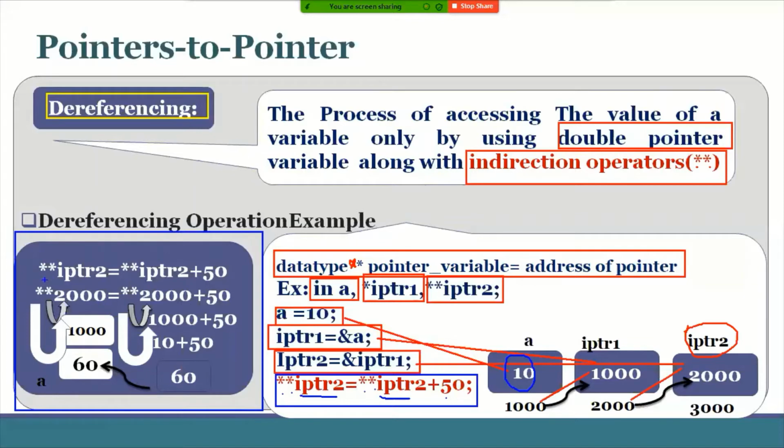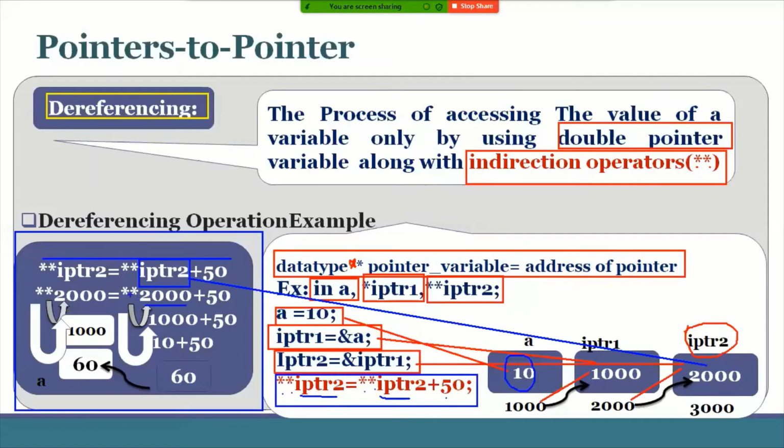Now let us consider this statement. In this statement, what does IPTR2 contain? It contains the 2000 location, so 2000 is substituted over here. Then apply the indirection operator upon 2000.